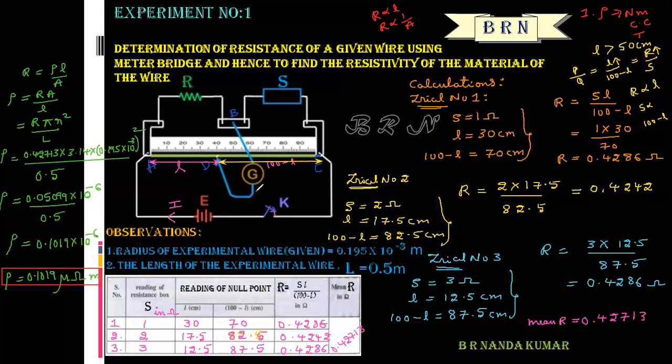Why? Actually, here resistance will remain constant. Because in a balanced Wheatstone's network, if the galvanometer is replaced by another galvanometer of different resistance, the balancing condition remains constant. That means resistance does not change.